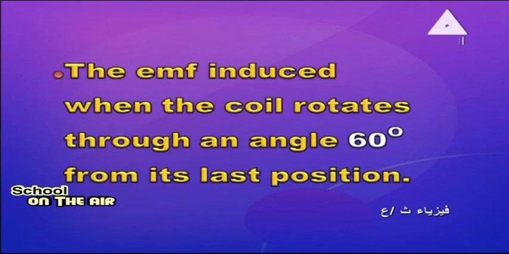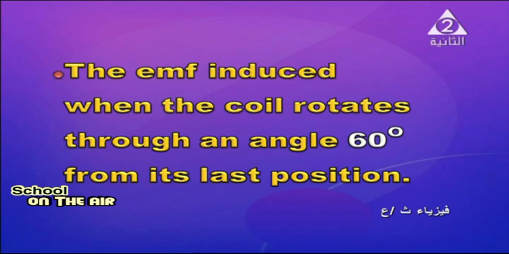Another question on the same problem. We want the EMF induced when the coil rotates through an angle of 60 from its last position. Now we've reached the horizontal position, so we can use cosine 60 or sine of 60 plus 90.